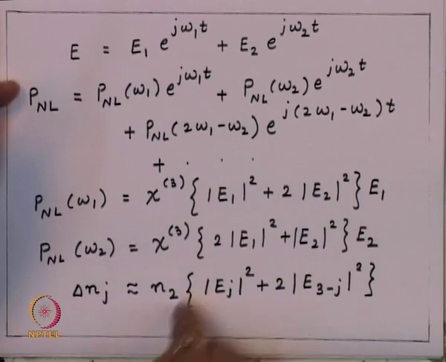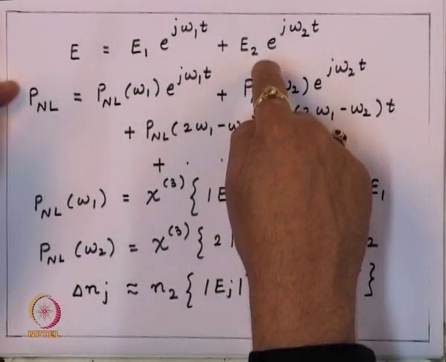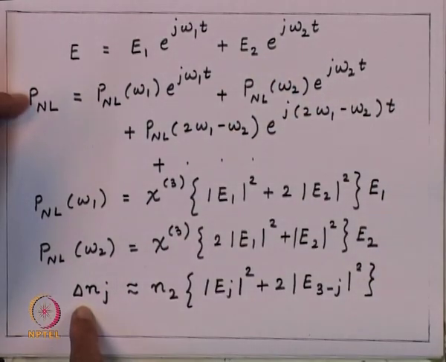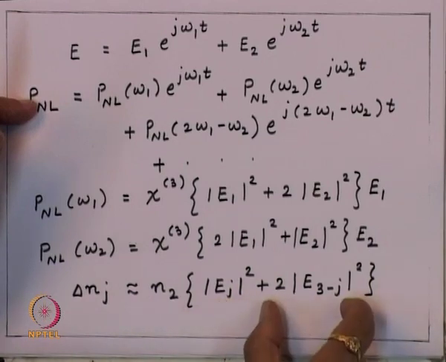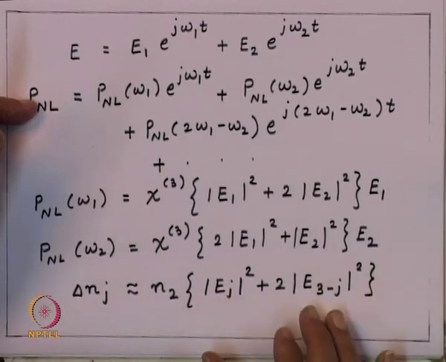What we are seeing now is that when the other signal is also present here, the change in refractive index is going to be because of the signal itself, plus there will be a contribution coming from another signal which is coexisting along with this signal.